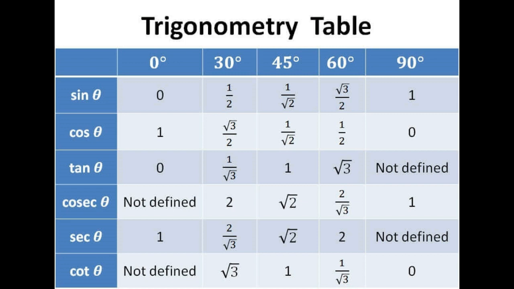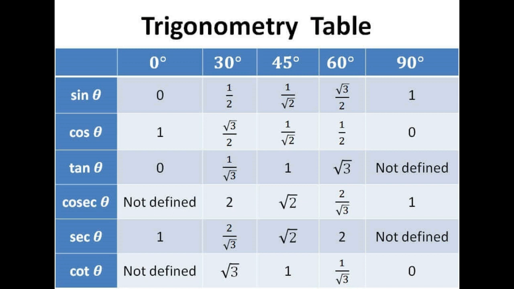So the first one was 0. So the reciprocal of 0 is what? Reciprocal means the numerator will be in the denominator and the denominator will be in the numerator. So in 0 we have 0 upon 1. Sorry, the reciprocal of 0 is not defined. Why?